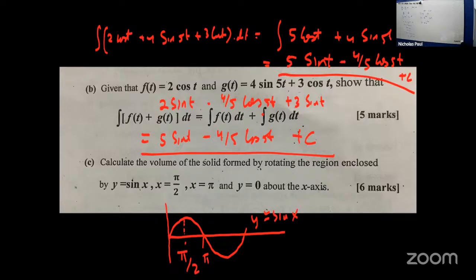We're rotating the function between pi and 2 pi, and the x-axis, of course. So you're rotating this piece of the graph alone, the shaded part of the graph. Hurry up. How do you integrate sine squared again?